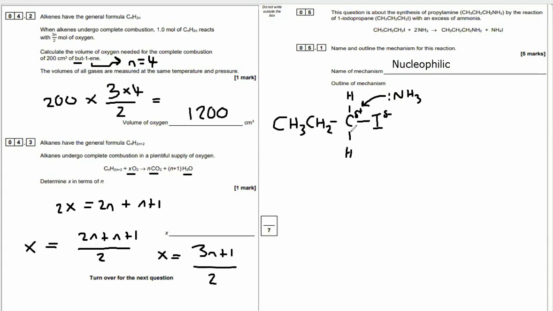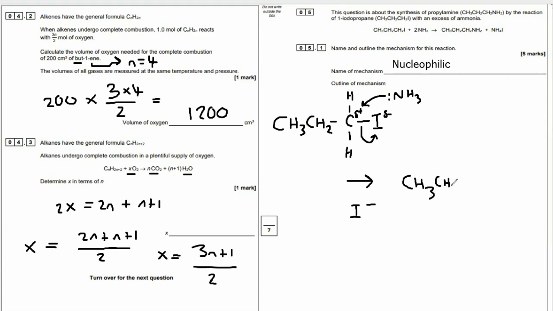Now, obviously, carbon can't have 5 bonds, so it's going to get rid of one of these bonds. And this pair of electrons in that covalent bond are going to go to the iodine. So now let's draw what it looks like afterwards. So we're going to have an iodine knocking about. I'll just draw that down here. Got a little iodine down here. And let's draw what it's going to become. So we're going to have CH3, CH2 again.